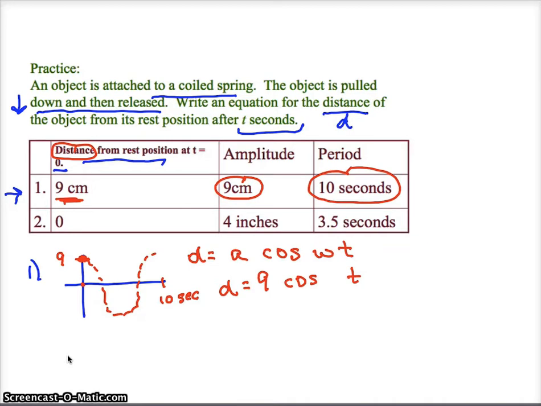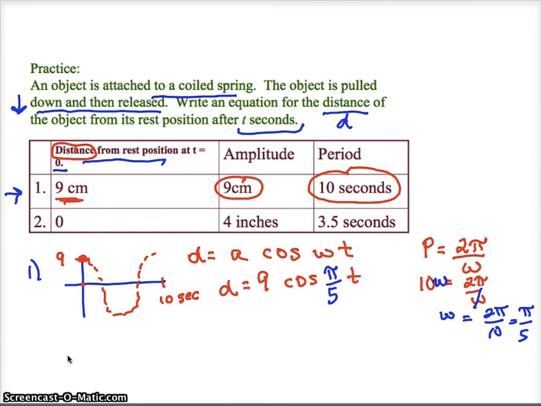As you recall, the formula for period is 2 pi divided by b. So in terms of simple harmonic motion, the formula for period is 2 pi divided by omega. So we can replace p with 10. 10 seconds is equal to 2 pi divided by omega. And we can now multiply by omega and then divide by 10. So 2 pi divided by 10 is pi over 5. So our equation is d equals 9 cosine of pi over 5t.